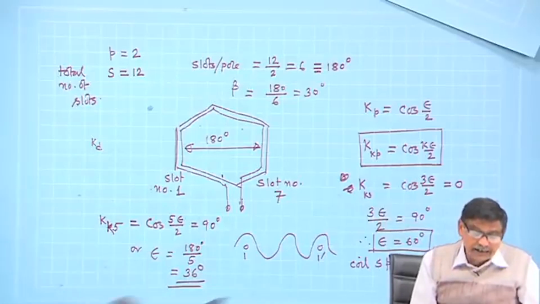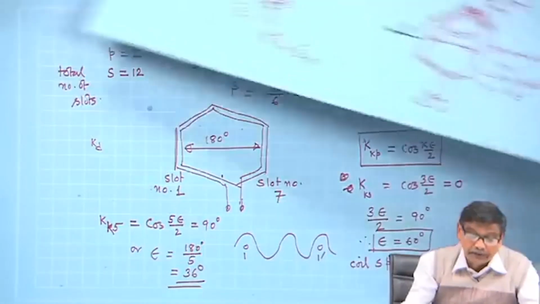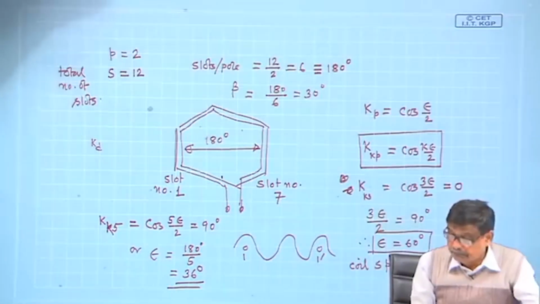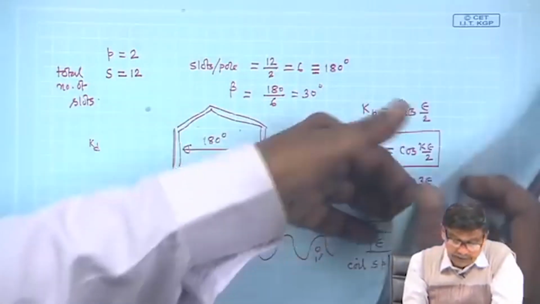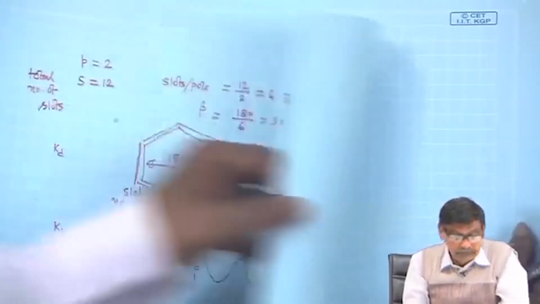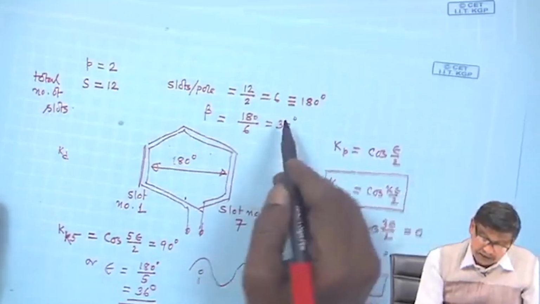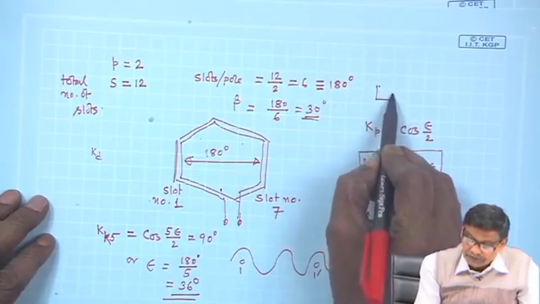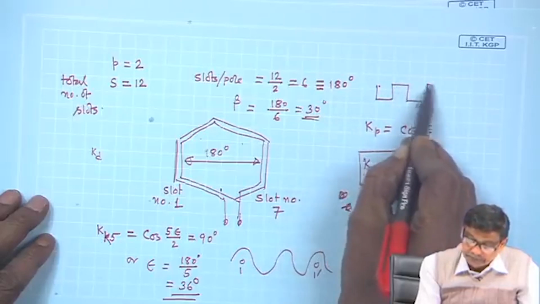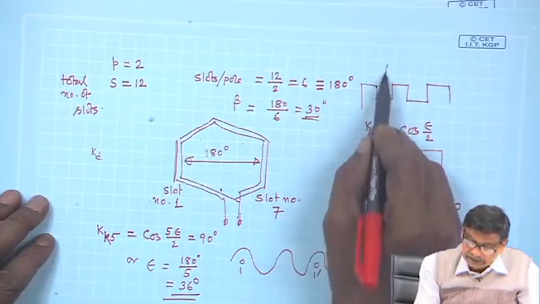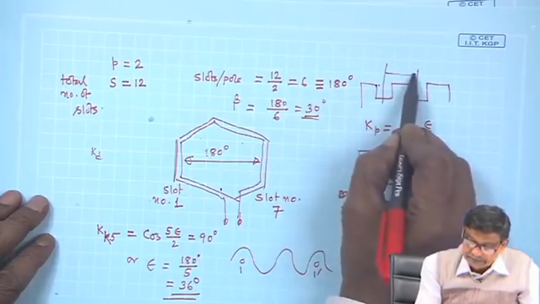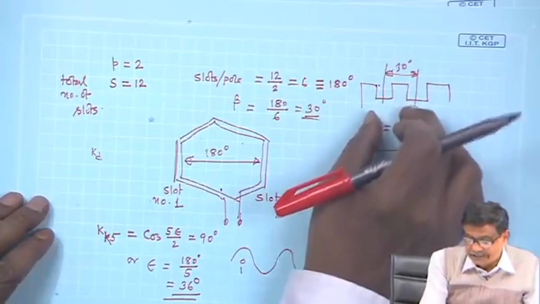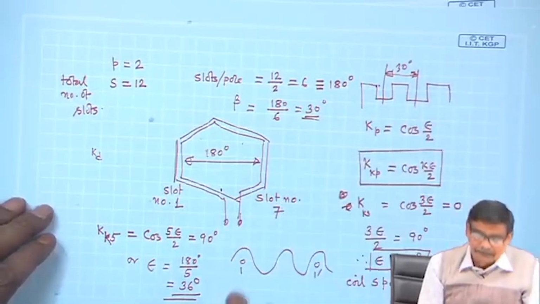But unfortunately, you can see for this machine we were considering the number of slots, I told, some 12 etcetera. Where did that page go? Oh, here only. So, the angle between two consecutive slots, this angle is 30 degree, and for this machine it is 30 degree pitch for all the slots.